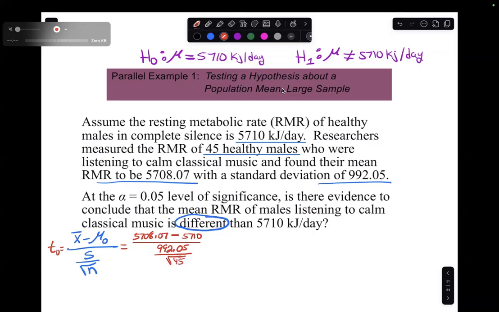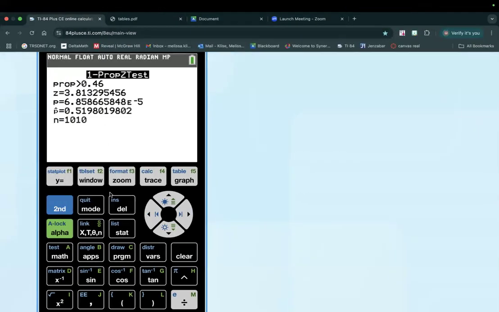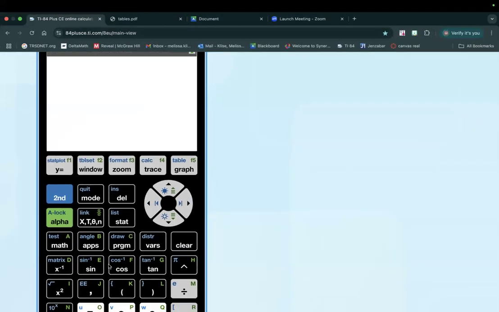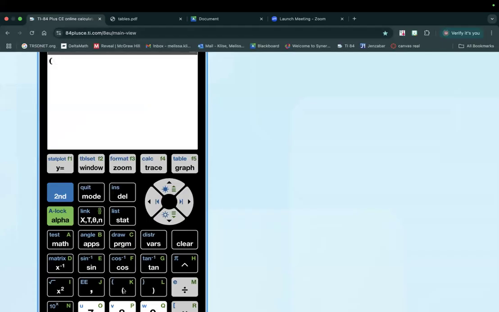I'm going to show you how I put this in my calculator. You need lots of parentheses. I'll let you write it down real quick. Okay, numerator is 5708.07 minus 5710.